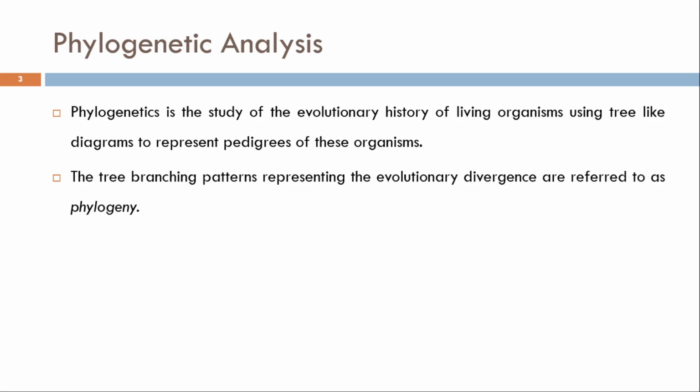They can represent the result in a tree-like diagram, which represents the pedigree of those organisms. The tree branching pattern representing the evolutionary divergences is simply referred to as phylogeny.